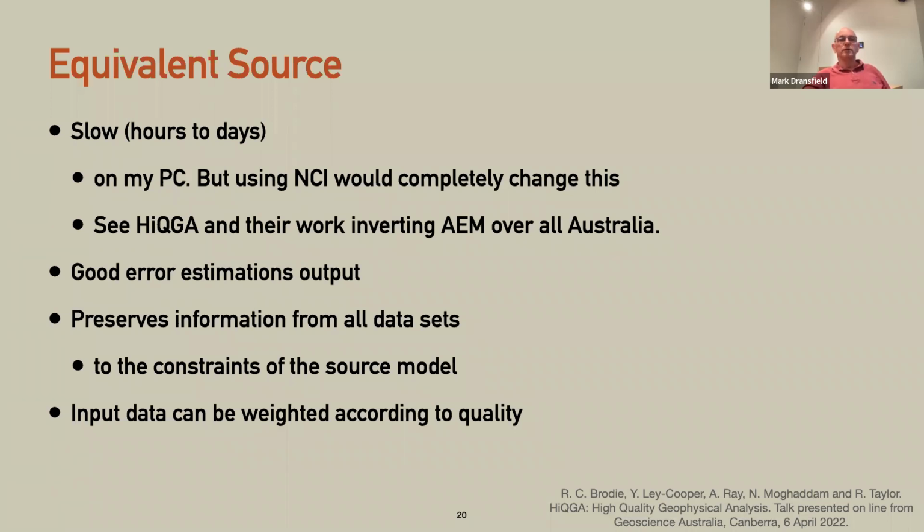You do get good error estimations from the equivalent source because you get the misfit to the model. And it has the capability of preserving information from all the data sets to the constraints of the source model.